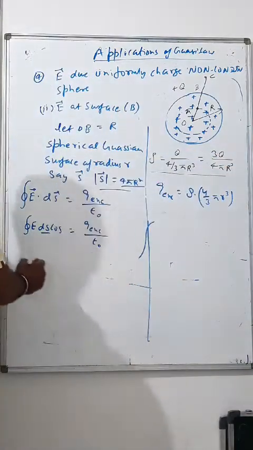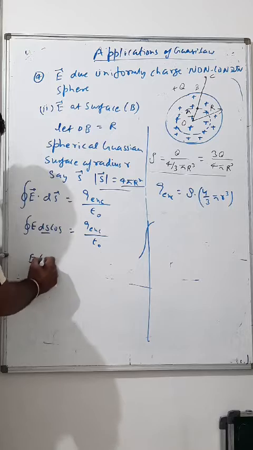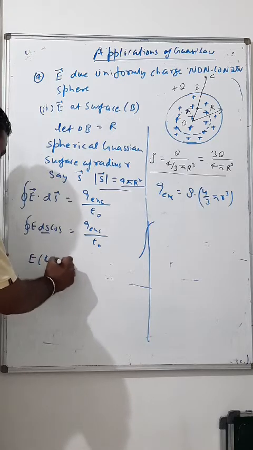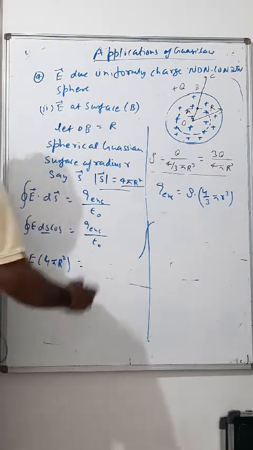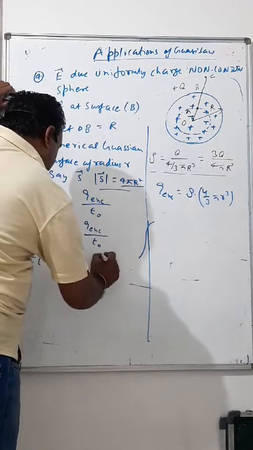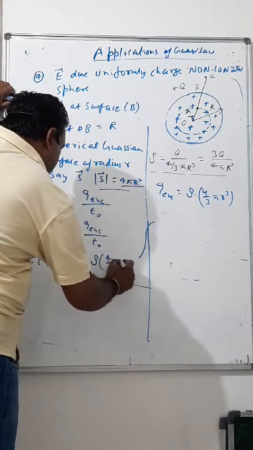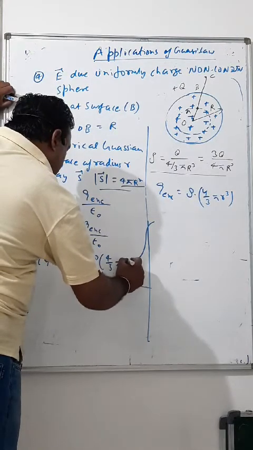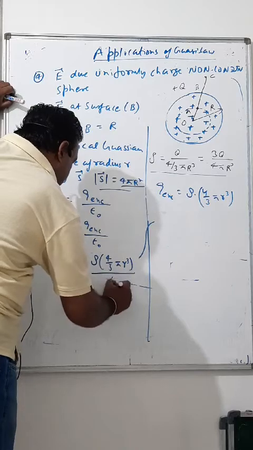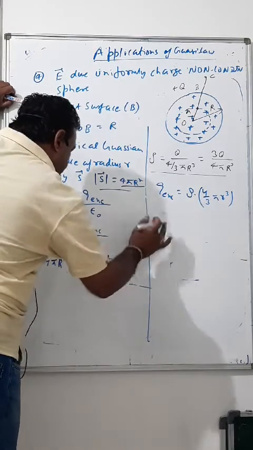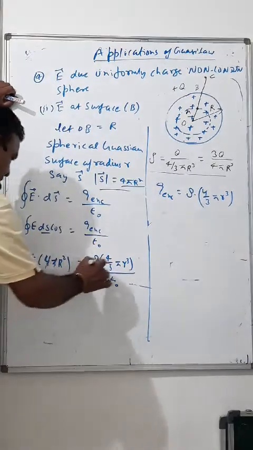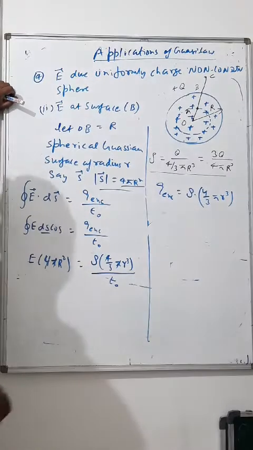Here it is E into 4 pi capital R square equals Q enclosed, rho 4 by 3 pi R cube upon epsilon naught. 4 pi cancels.